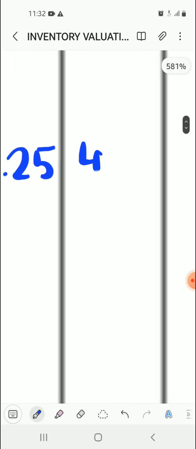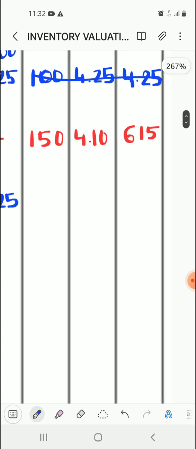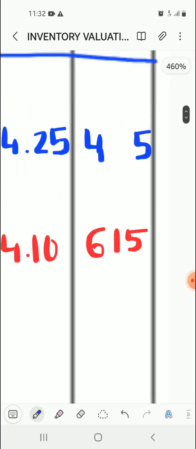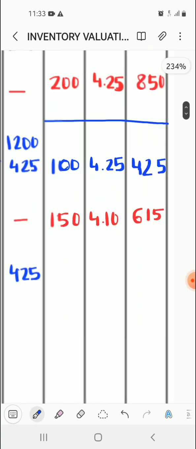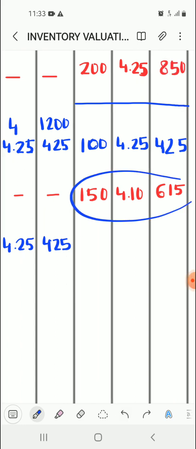Multiply, we get 425. Therefore, simply you can see the previous lot is gone. This one, it is gone. And this will remain. So we're going to simply write it down on the balance column.